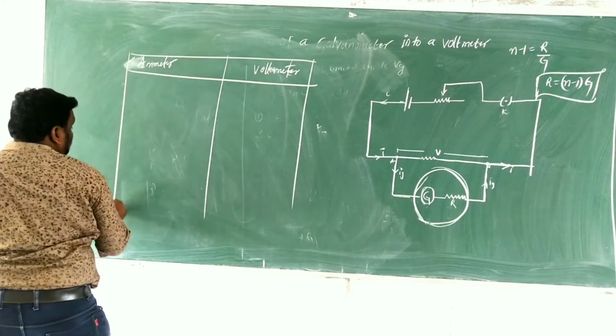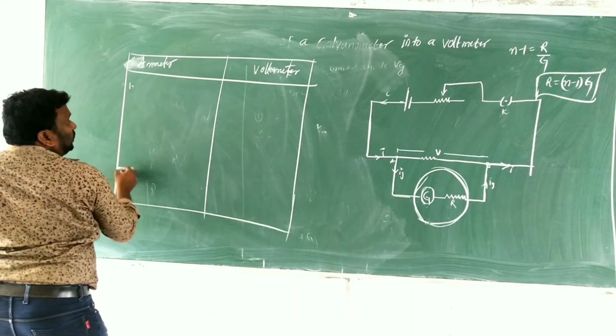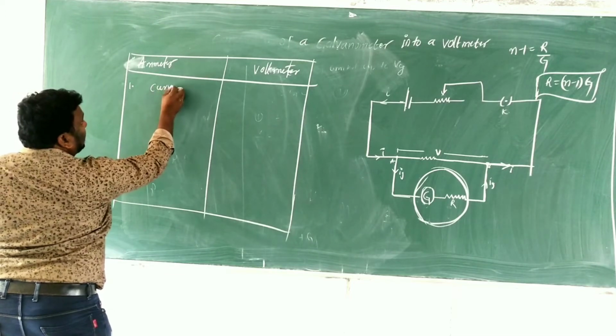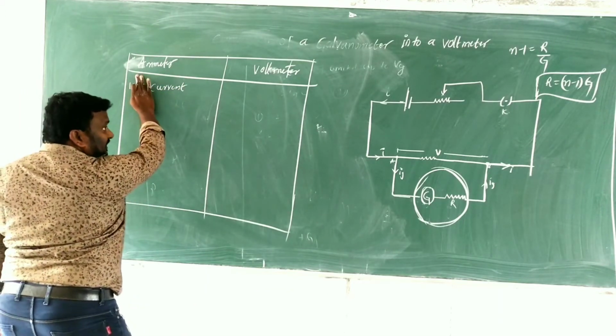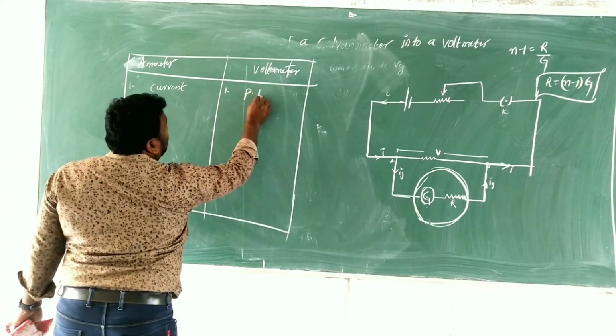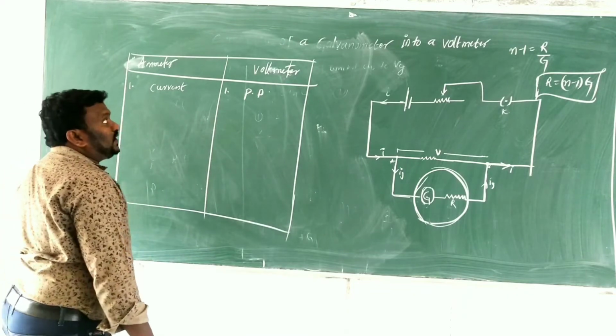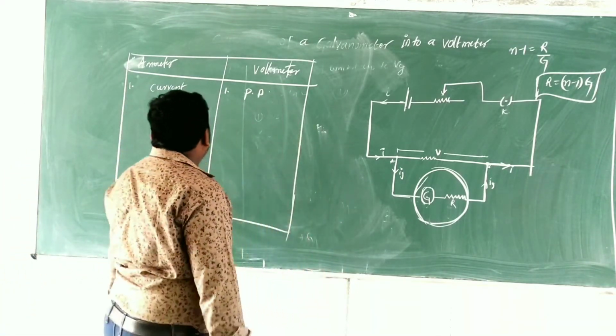The first thing is, ammeter can be used to find out the current. Clear? Ammeter is used to find out the current. And voltmeter can be used to find out the potential difference.